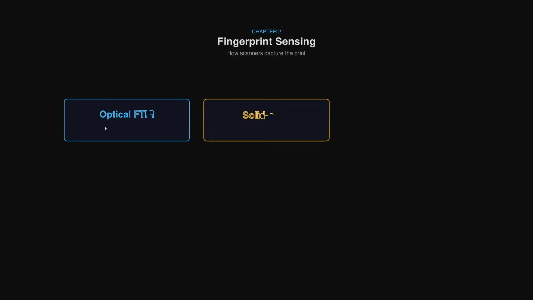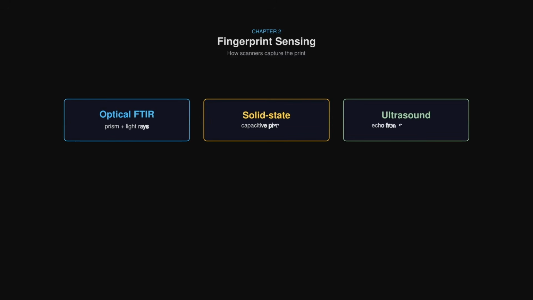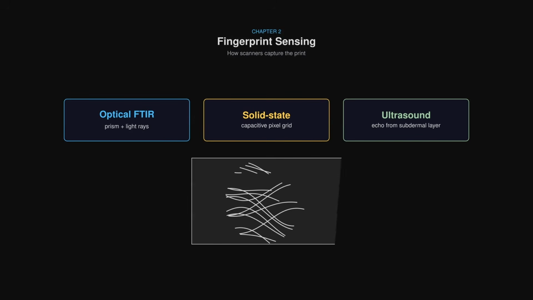The most common technology is FTIR, frustrated total internal reflection, where ridges absorb light, valleys reflect it, and a lens captures the result onto a digital sensor. Two other families exist: solid-state sensors using silicon pixel arrays and ultrasound sensors using echo-based imaging.